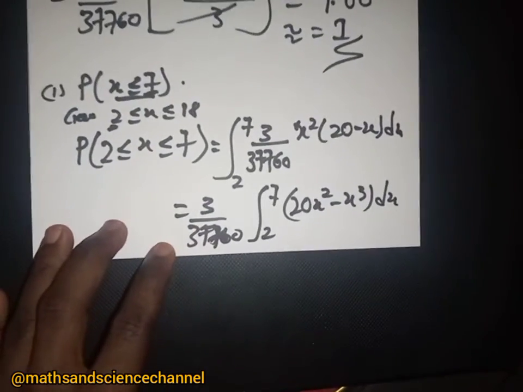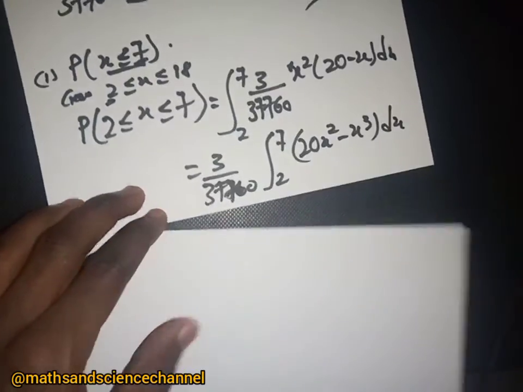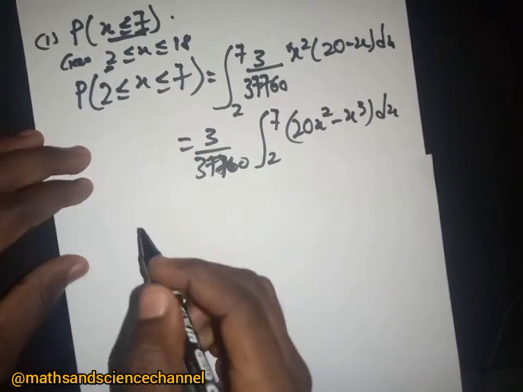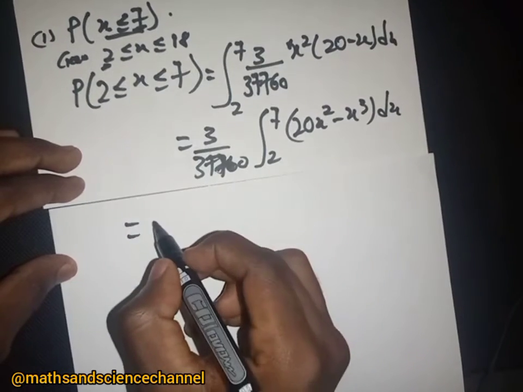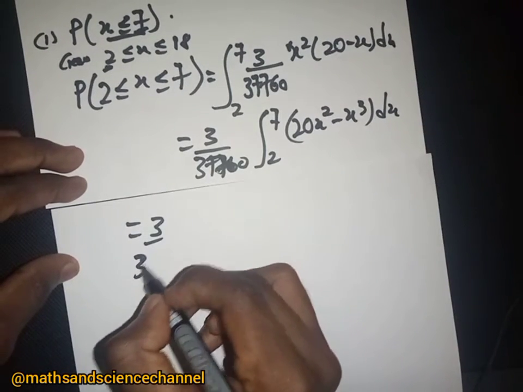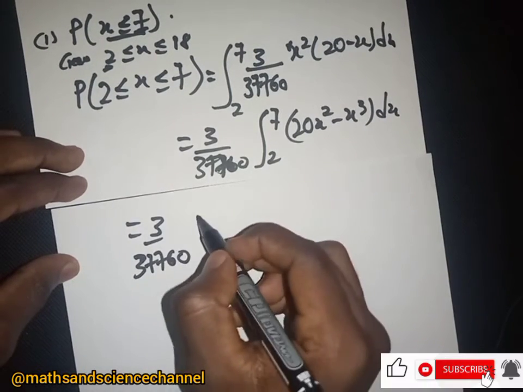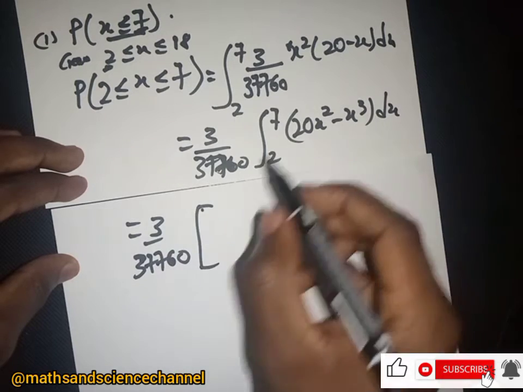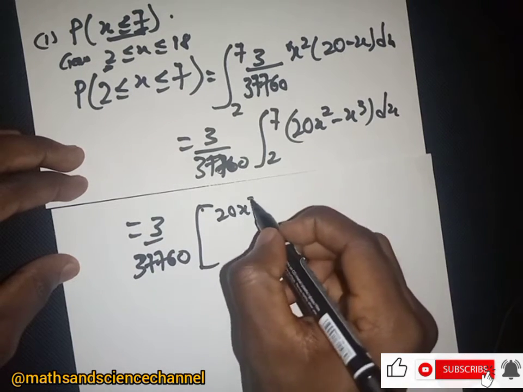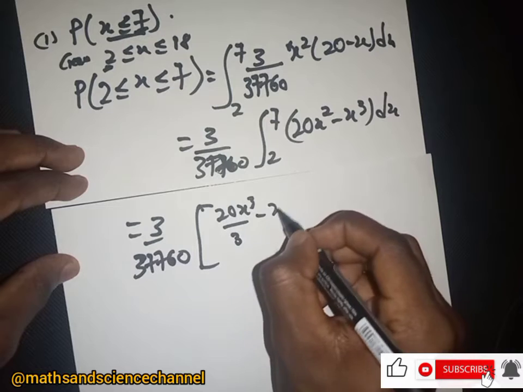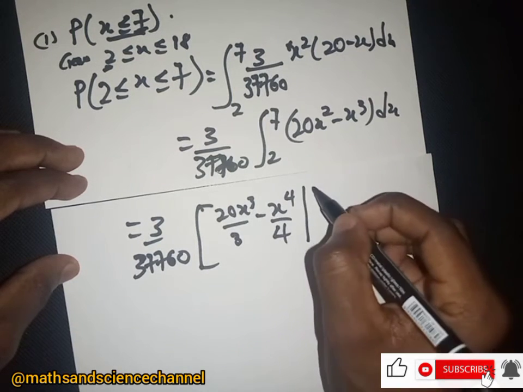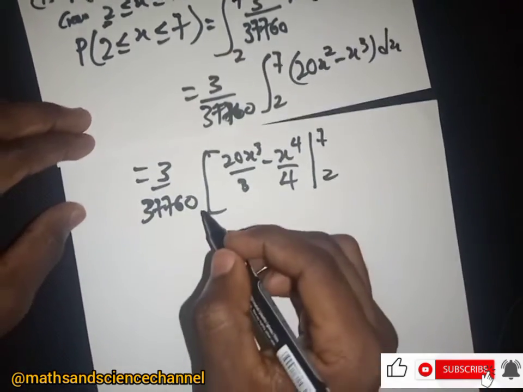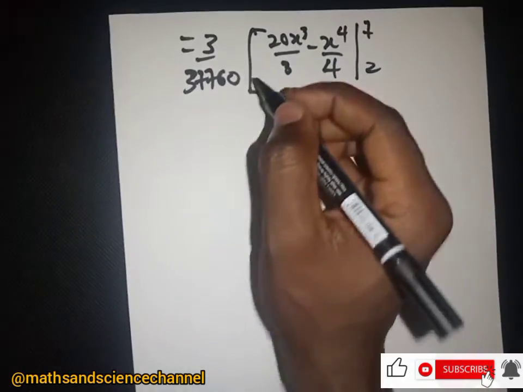So from here we can have this as 3 over 37,760. Then when we integrate this, we have 20x cubed over 3 minus x to the power 4 over 4, and we have it from 2 to 7. Now let's continue here.